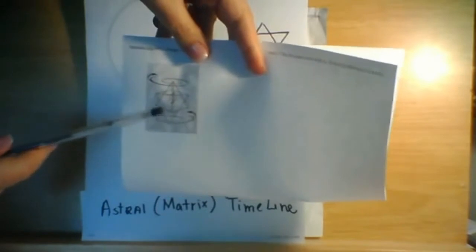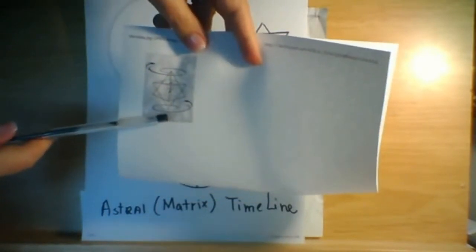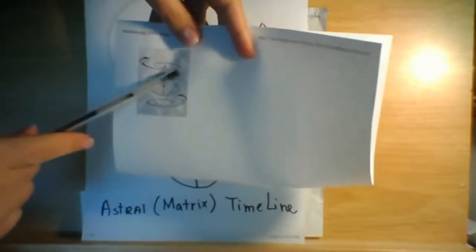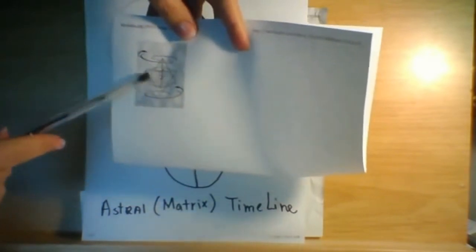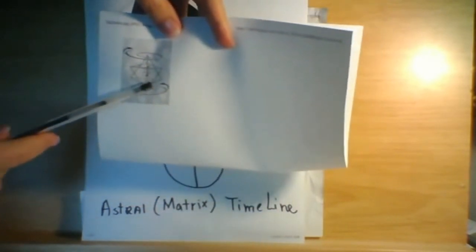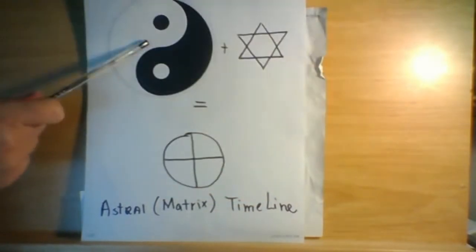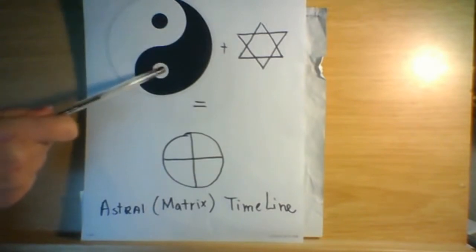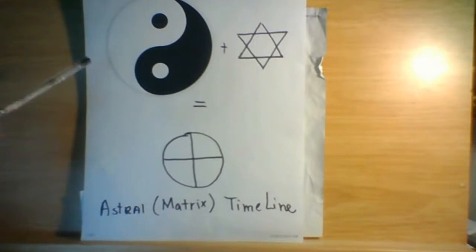But anyway, one side of the Merkaba will be spinning one direction, and the other side will be spinning the other direction. When you put those two together, when you overlay them in here, this is what you get. Frequency flowing in different directions. All right?